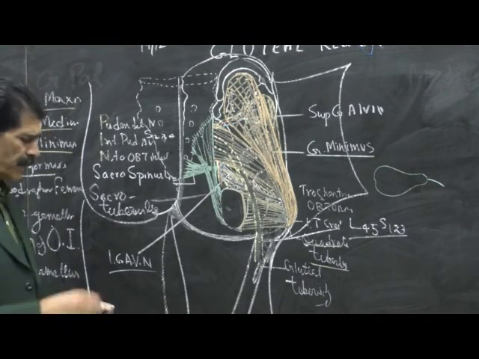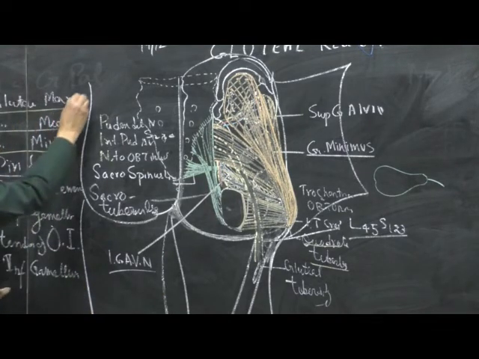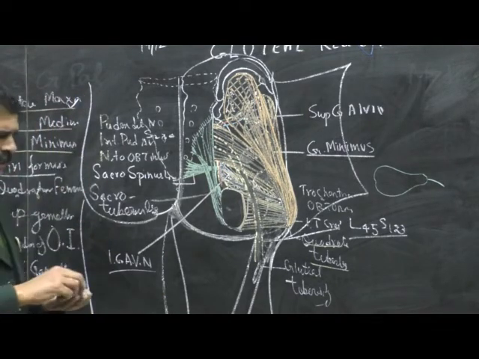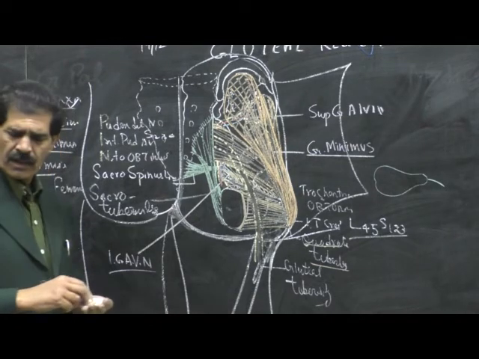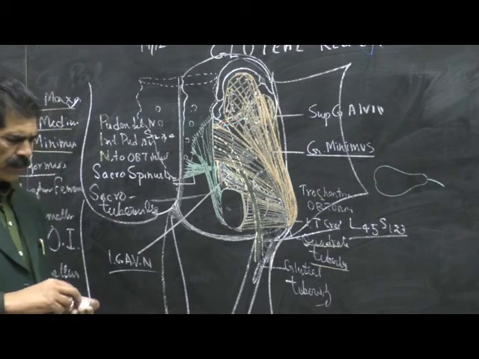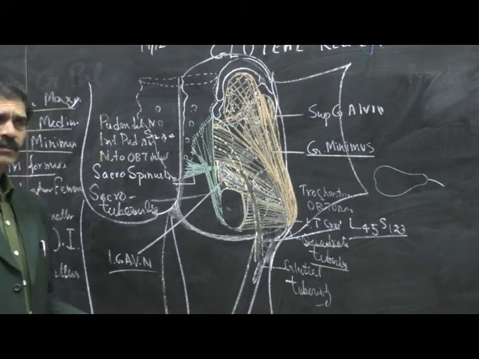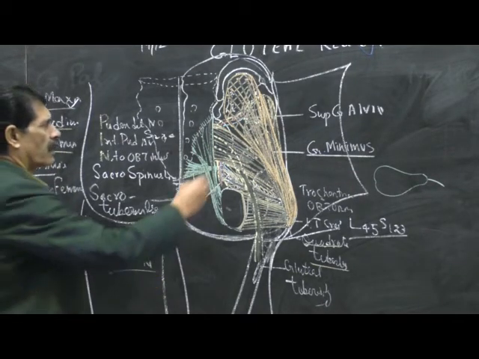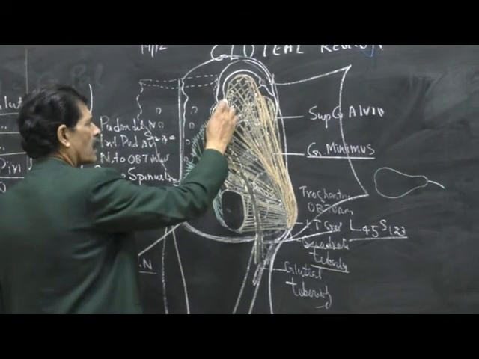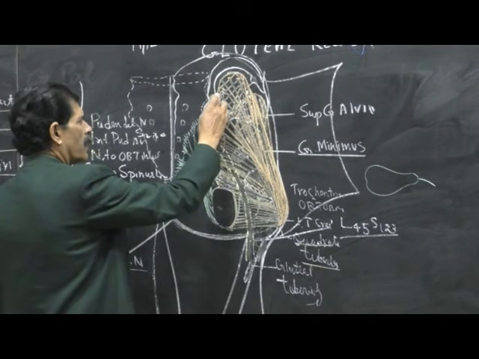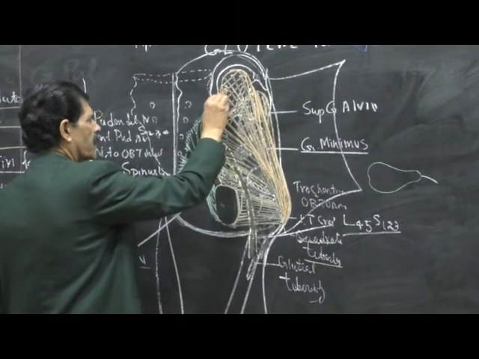Now last comes the gluteus maximus muscle. As the name suggests, it is the larger muscle, and its origin is also very large. Number one, this muscle takes origin from the area behind the posterior gluteal line.